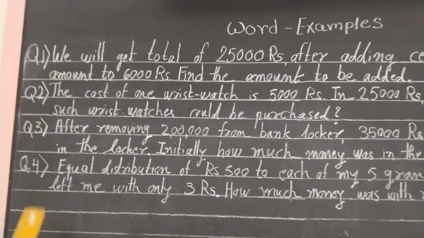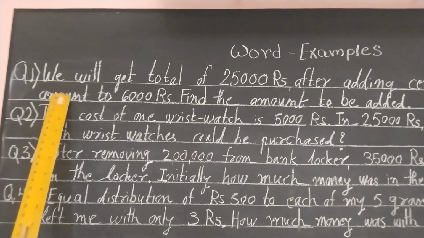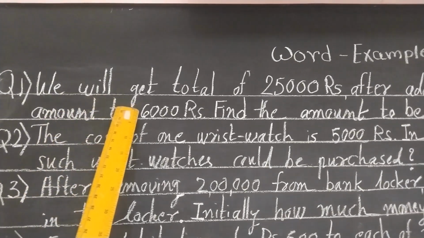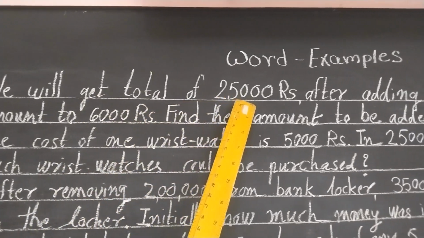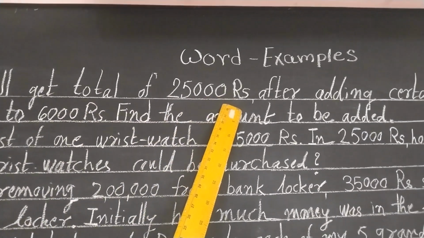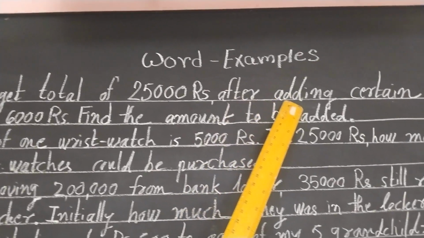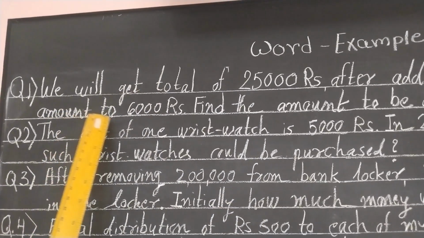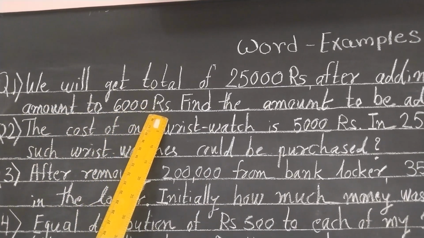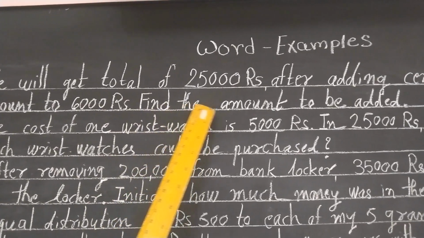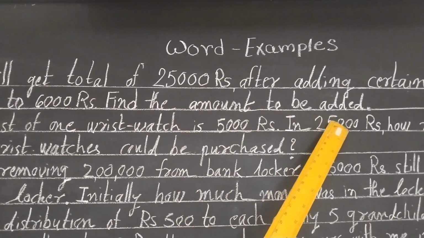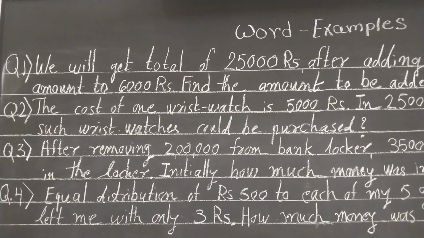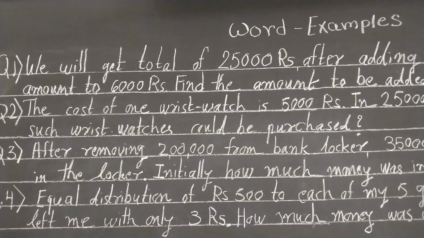Okay, honey bunch. Let us take the first of the Multimar examples. We will get a total of 25,000 rupees after adding a certain amount to 6,000 rupees. Find the amount to be added. So let our common sense and imagination run wild.